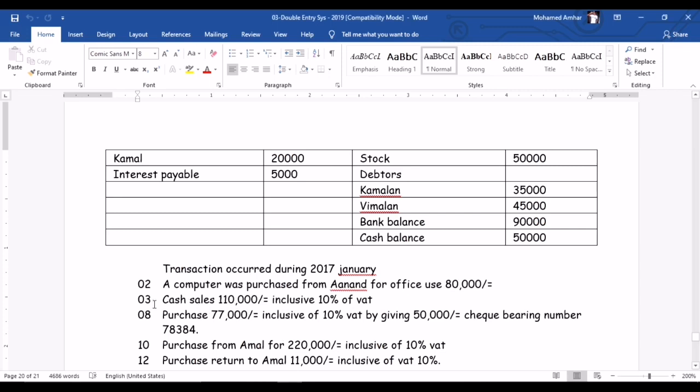Then the date is 3. Cash sales 110,000 inclusive of VAT 10%. So in this cash sales of 110,000, 10% VAT is included. The VAT is 10,000.